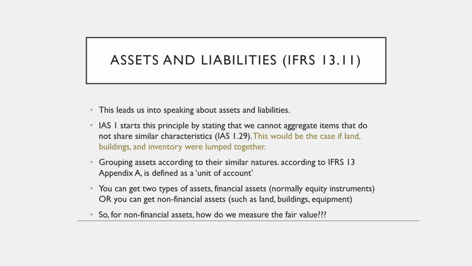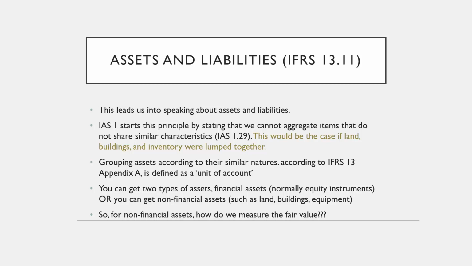So IAS 1.29 speaks about materiality and aggregation. If land, buildings, and inventory were all clumped into one item, that would not be fine because they're not of similar characteristics. You can't aggregate them because they're not the same.